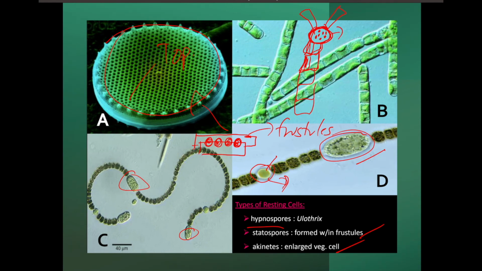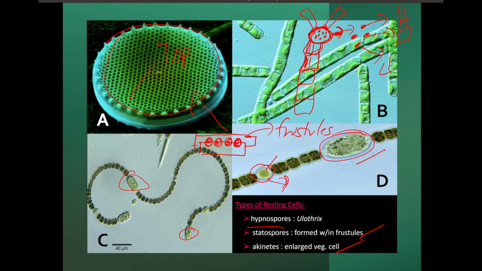Eventually your hypnospores for Ulothrix can free up when the condition is right, and they will release spores. These spores will grow into a new filamentous Ulothrix in the wild.